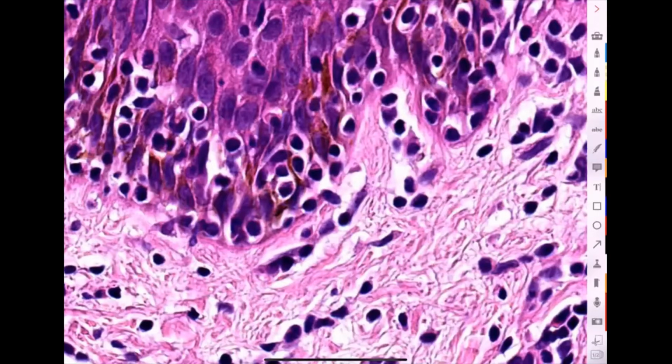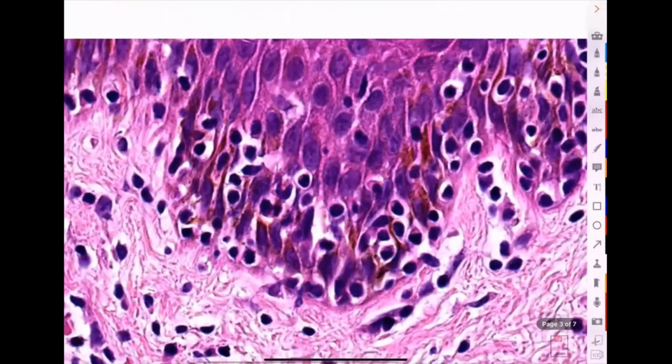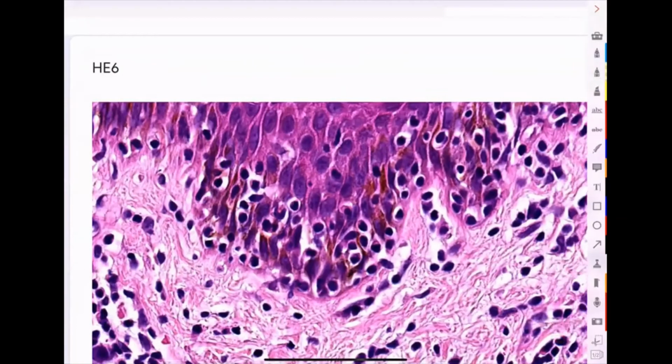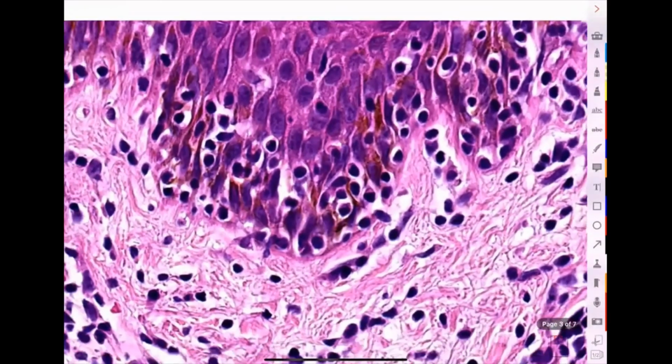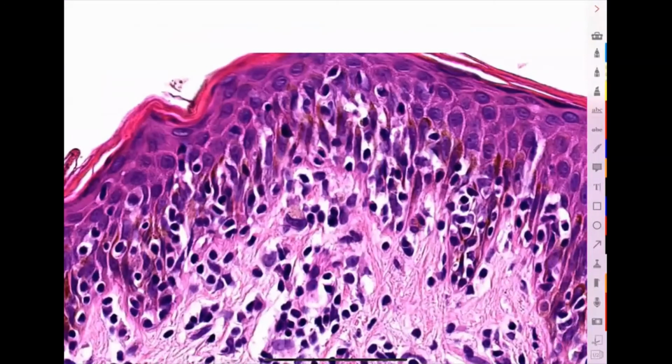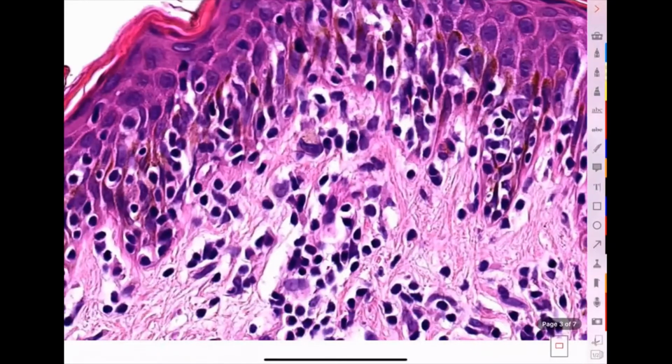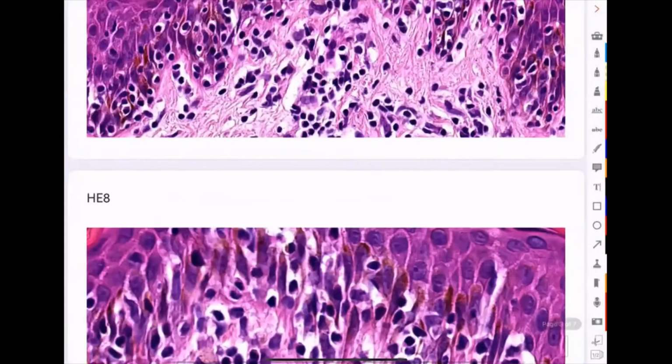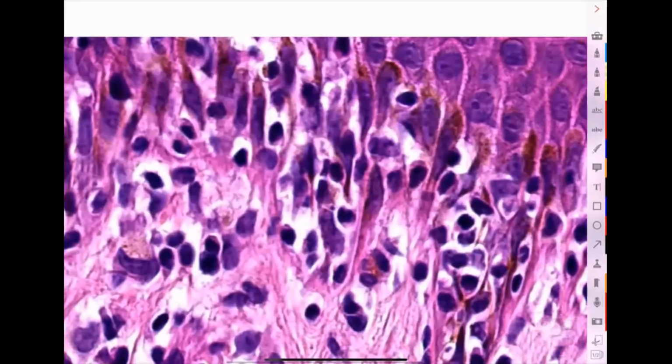You see, there is an element of spongiosis and there is an exocytosis, right? We don't play a clever game in the exam, right? And this is when people will go wrong, right? Because what will happen exactly in the exam, you will say mycosis fungoides.